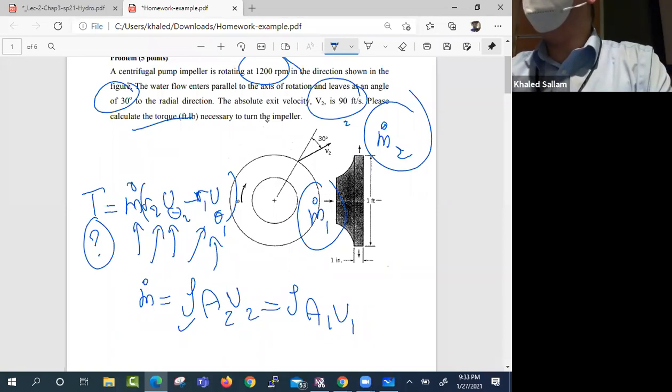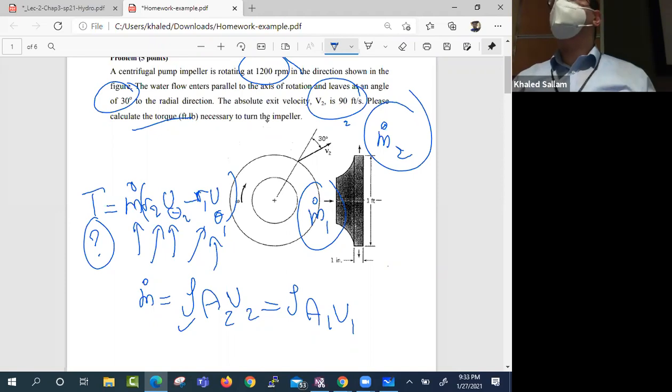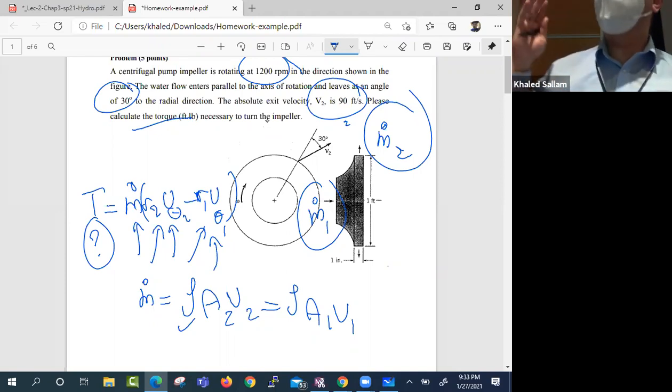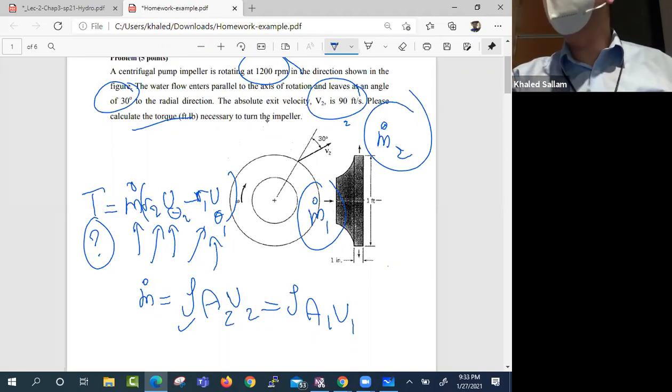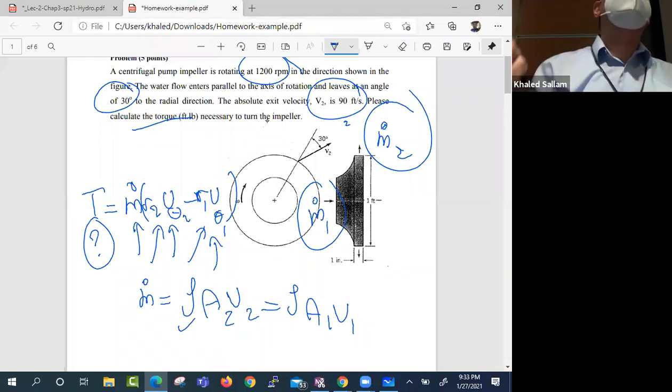If we know area 1 and V1, I will calculate m dot from area 1 V1. The mass flow rate from 1 or 2 should come to be exactly the same. Of course, because it's kilogram per second. The mass is conserved. What does it mean that the mass is conserved?